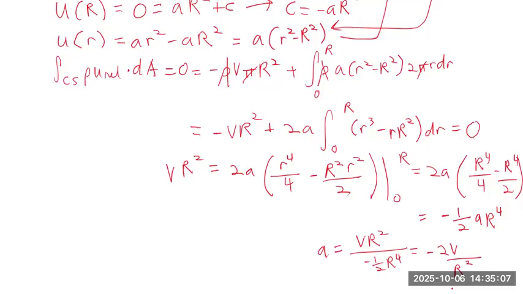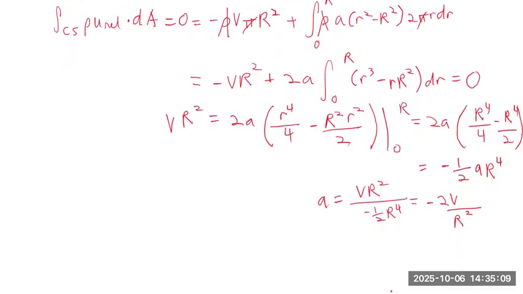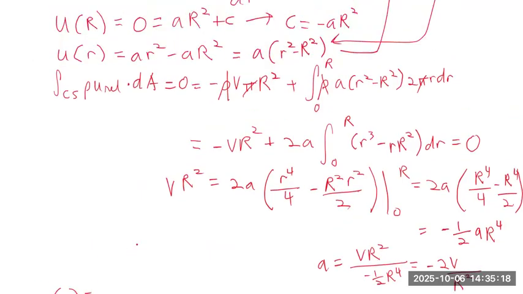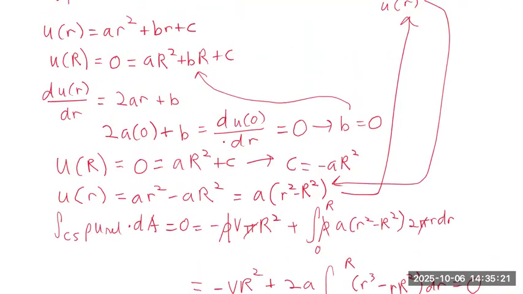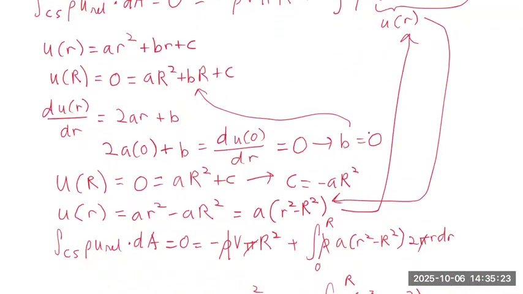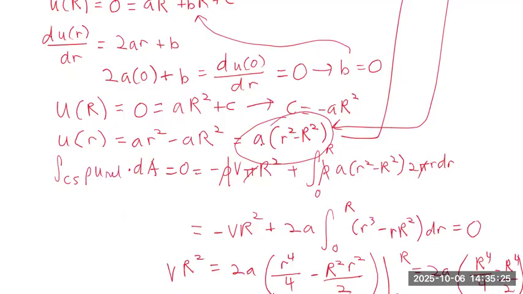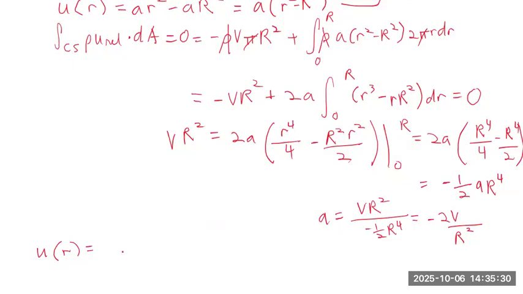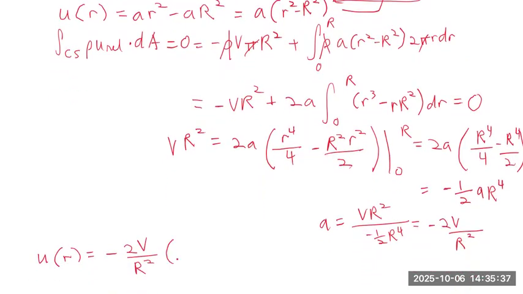So we can thus write the velocity profile at the exit as u(r) is equal to, now we have all the constants. We simplified it to A times r squared minus R squared. And we now just found that A is equal to negative 2V over R squared. So negative 2V over R squared times (r squared minus R squared).